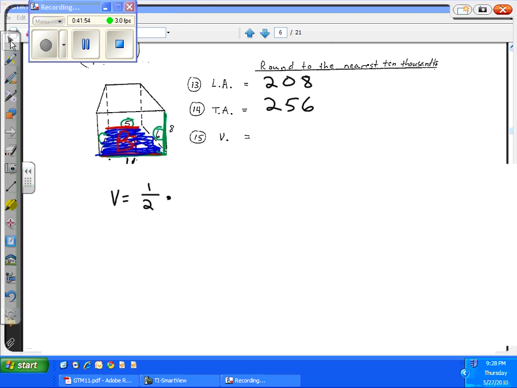The formula for every trapezoid is 1/2 times the height, which was the 3, times the sum of the bases, which were the 5 and 11. So there's the area of the bottom, and then times the height of the prism, 8.